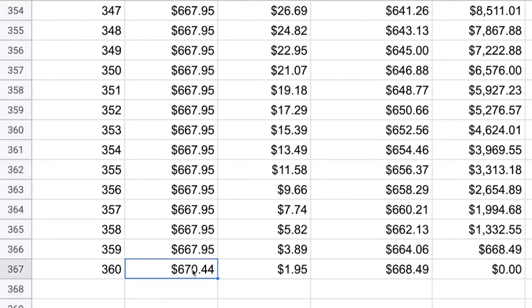There's other ways of handling it. For instance, if you made a larger payment up above than the $667, then that would change a lot about this. Plus, you couldn't just multiply to figure out anything. So be careful of that. So balloon payments, to get it equal to zero, you have to adjust your last payment.